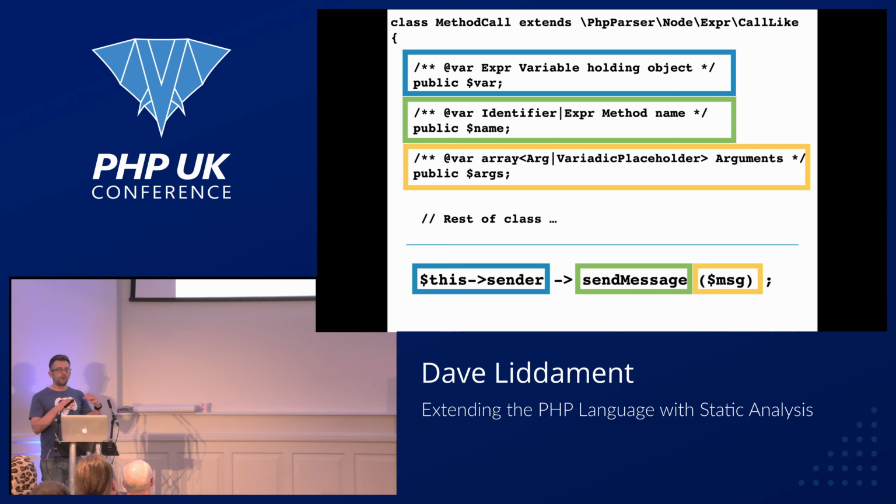So when we're trying to create rules, what we're trying to work out is what type of node we're operating on in the abstract syntax tree. And here we're interested in method calls. Then when you're new to this, often you're referring back to the PHP parser library, and you'll find the method call node, and there's lots more to it, but actually normally you just look at the top and you see the properties, and that's enough information to get you going.